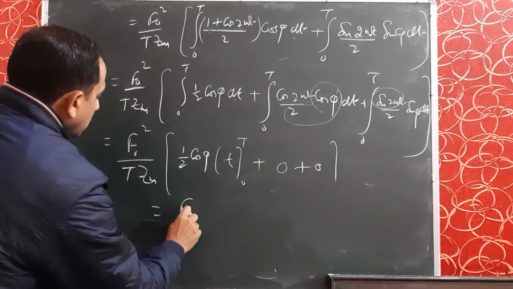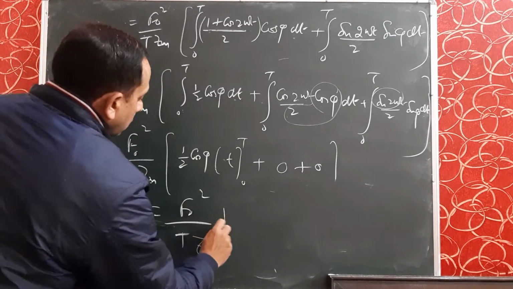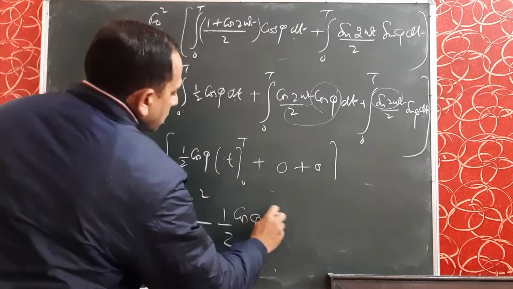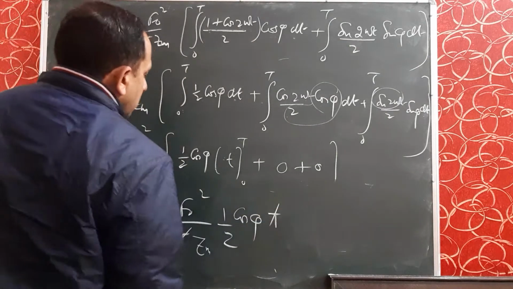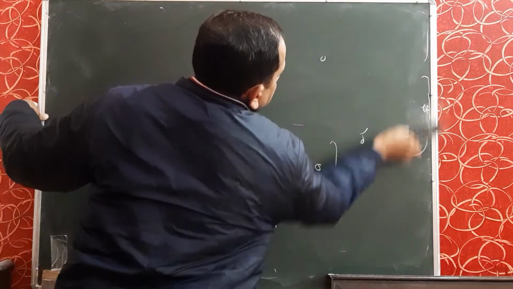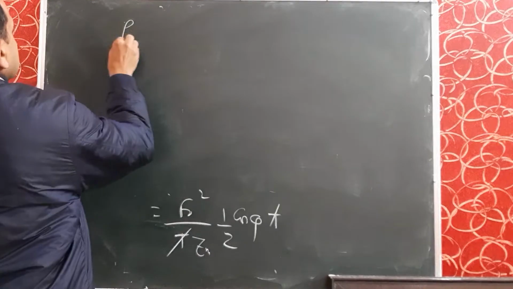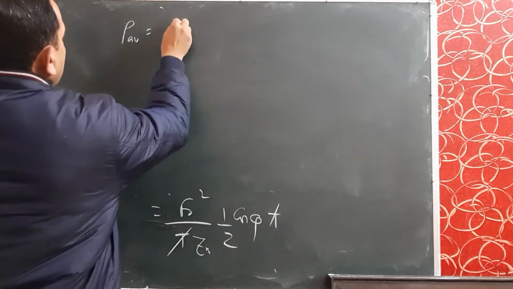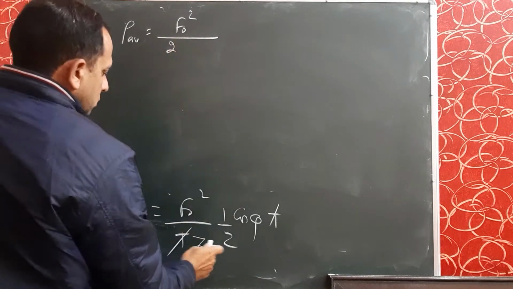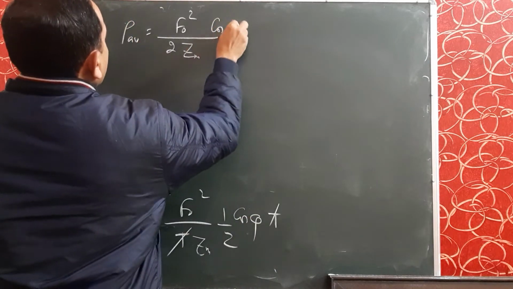So, further it is f naught square upon T into Zm into half into cos phi into T minus 0, that is capital T, and T is cancelled with T, and finally we will get average power equal to f naught square over 2 Zm into cos phi.